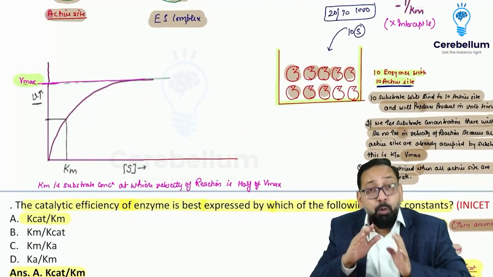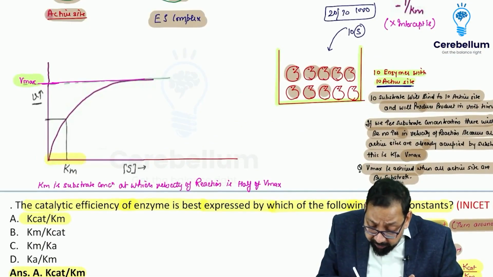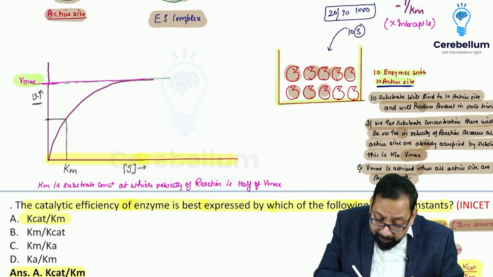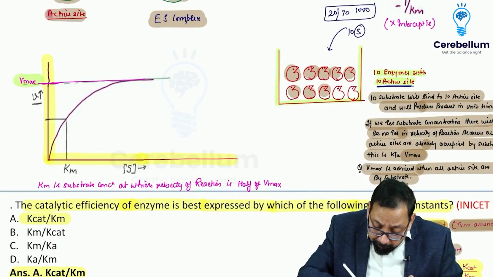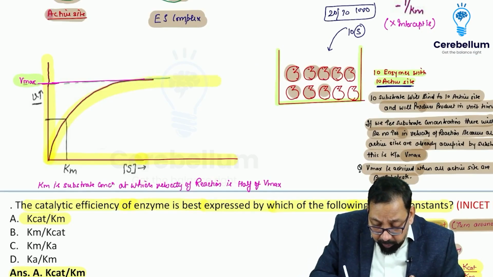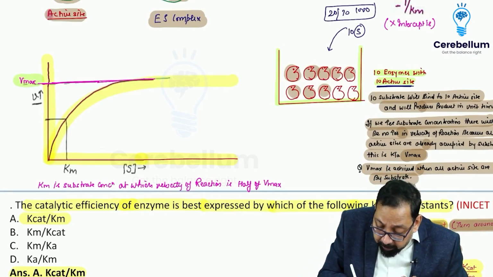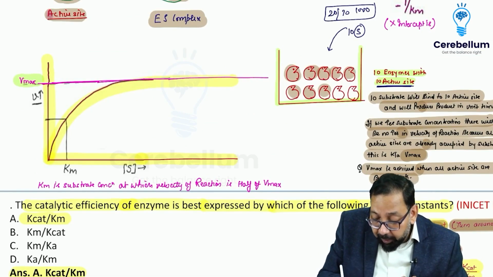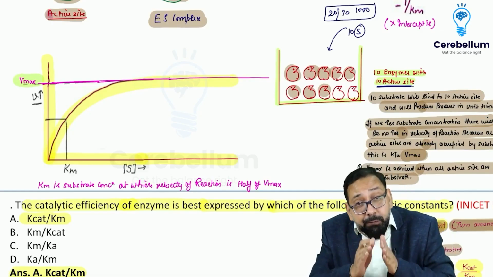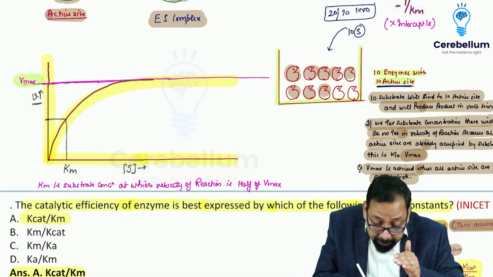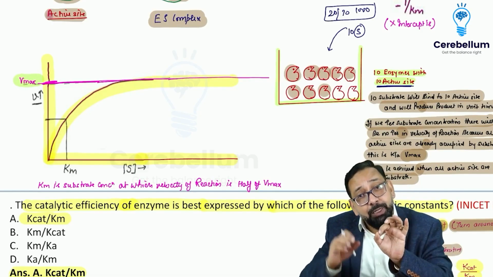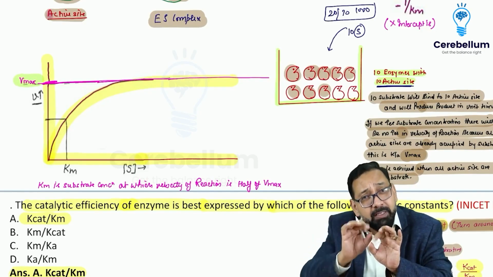Now, if we plot a graph between substrate concentration and velocity of reaction, we will find a hyperbolic curve. In this hyperbolic curve, this is Vmax, the maximum velocity which can be achieved, when all active sites are occupied by substrate.